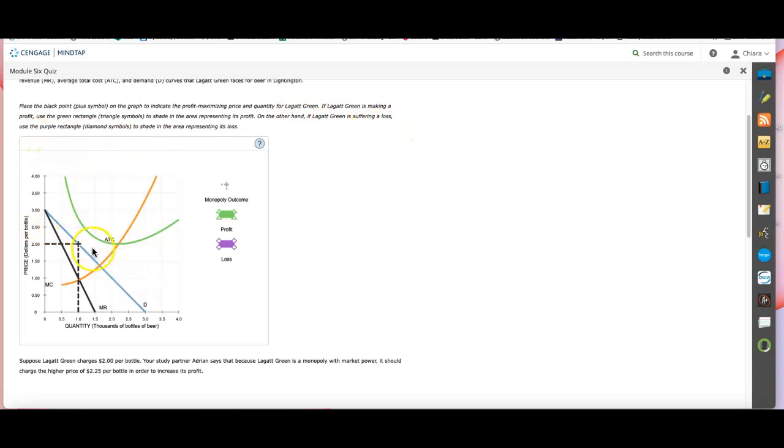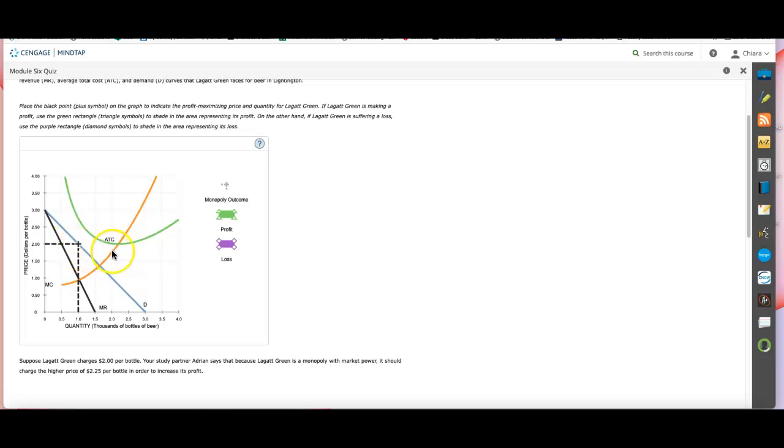Now, just from looking at it, I can see that the average total cost curve is above the demand curve entirely, or almost entirely. And especially at this point, the corresponding average total cost is higher. It's up here close to $3. It's above the $2.50.